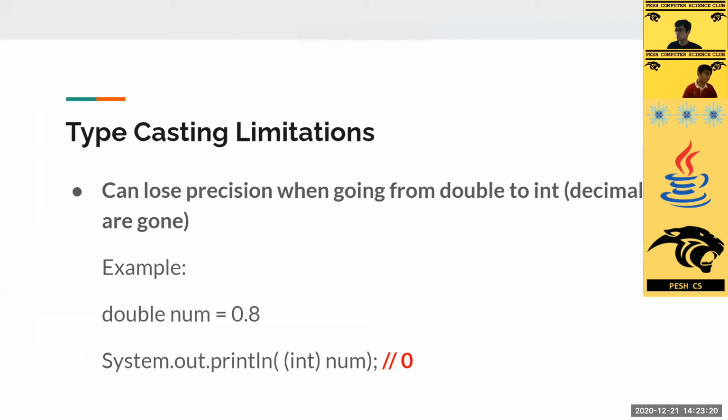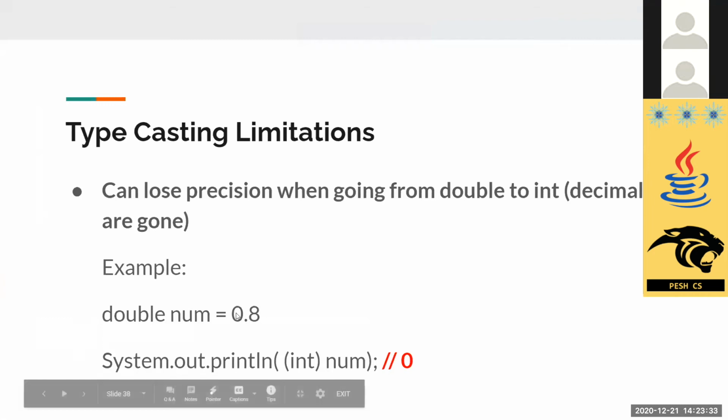If you go from a double to an int, Java will take out all of your decimal places. In this example, we have double num equal to 0.8, and when we cast our double into an int, the decimals are gone, and it's going to give us 0.